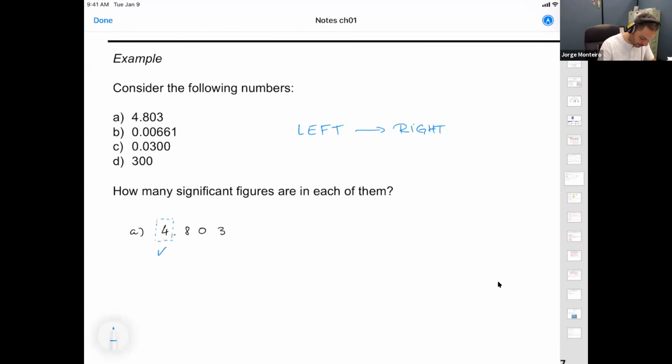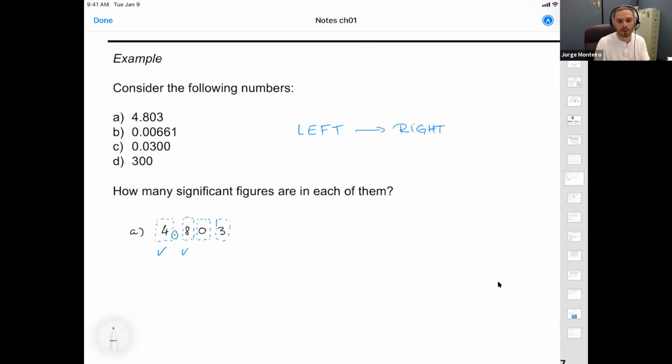So after the 4, attention here, we have a decimal point. Next digit is 8. So that's a non-zero digit. We will count. Then here we have a 0. This 0 digit is in between two non-zero digits.